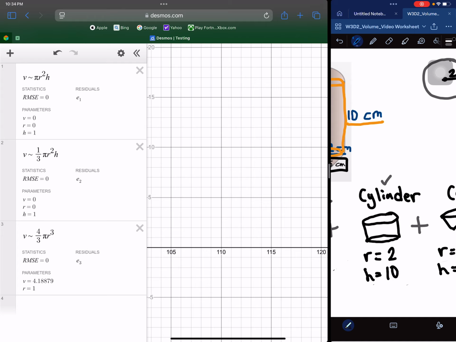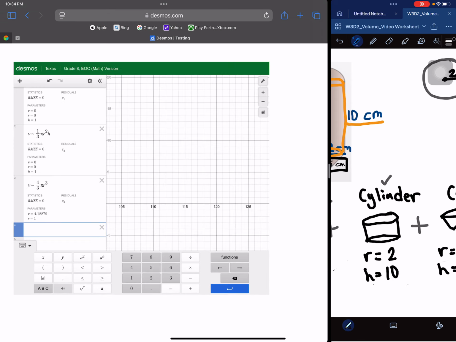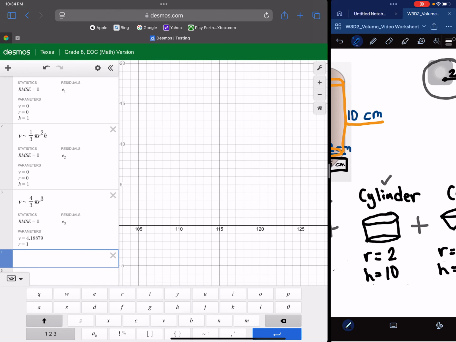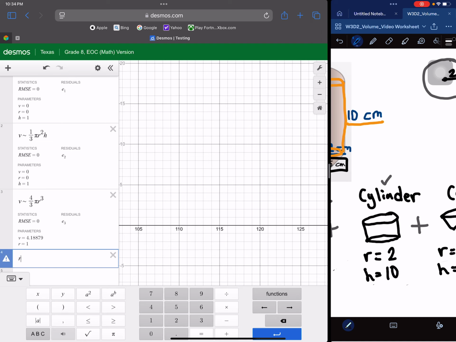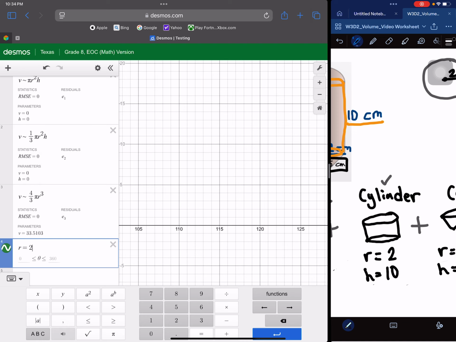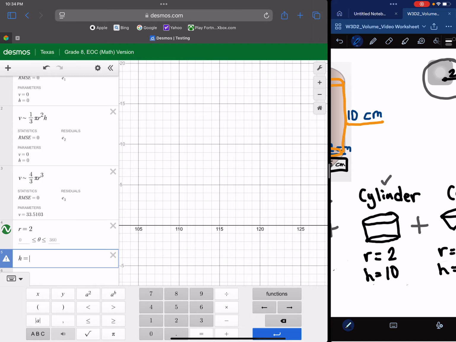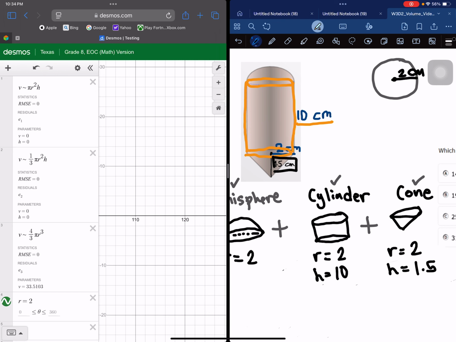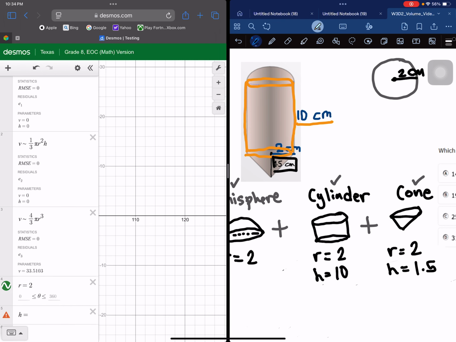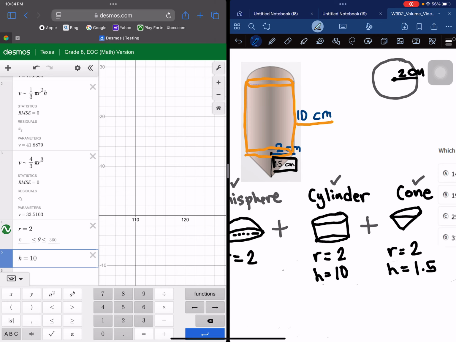All right, so we plug in the radius, radius being equal to 2, and the height being equal to either 10 or 1.5. I will use 10 for now for the cylinder.